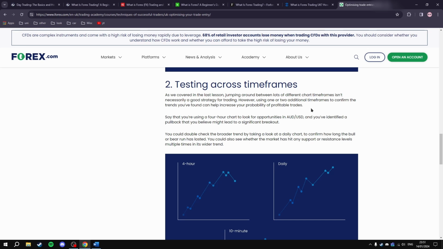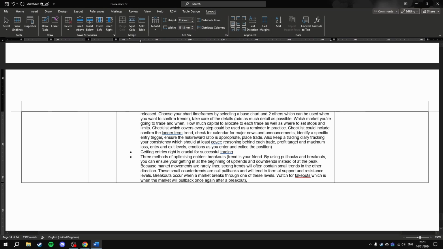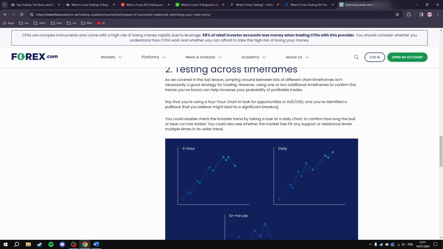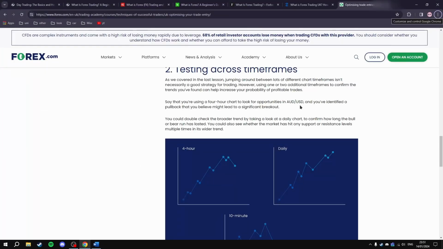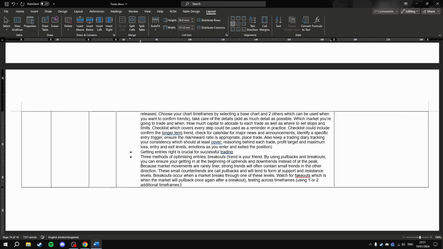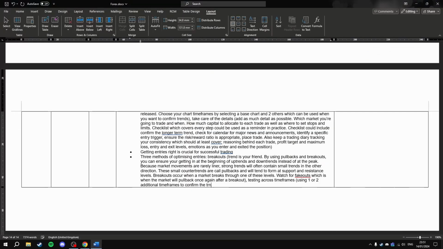However, using one or two additional time frames to confirm the trends that you found can help increase your probability of profitable trades.